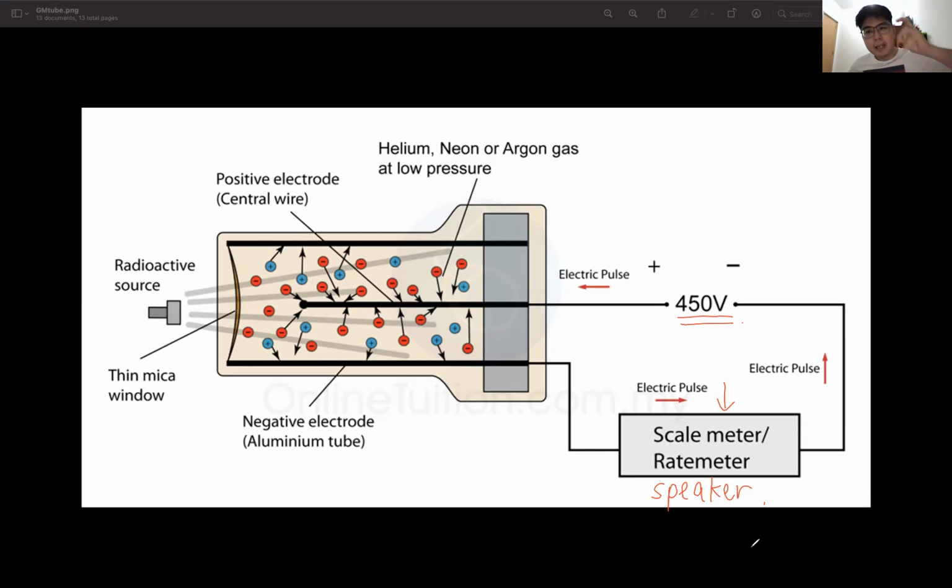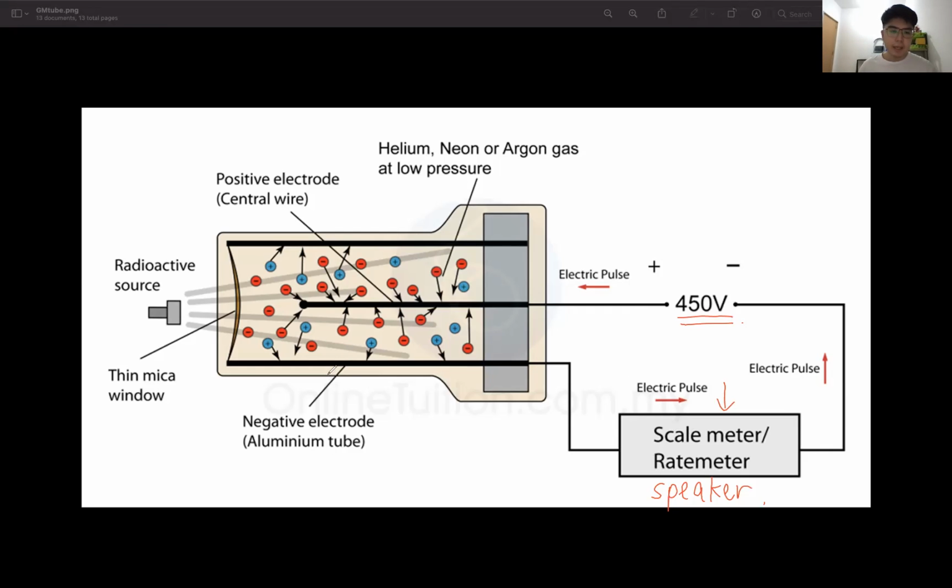Okay, you can hear it and then you can count it. So they use a speaker normally for low emission. If it's only like 5 emissions per 1 minute, then you can count it. If you're talking about thousands of emissions per minute, then you cannot count it. You have to use a rate meter or a scale meter. So a meter is used here.